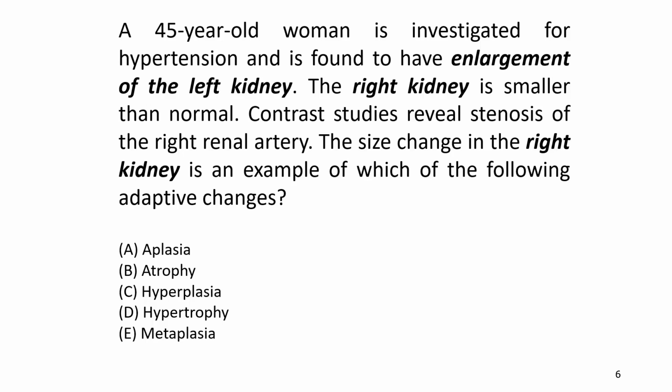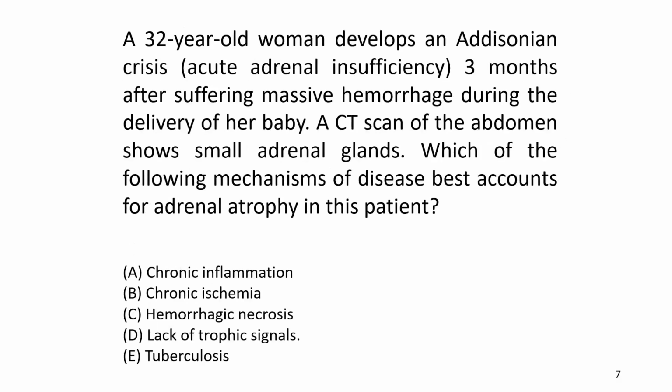So when we're talking about stenosis of the right renal artery, we're talking about a decrease in blood flow to the right kidney. The size change in the right kidney is an example of which of the following adaptive changes? So that would be atrophy. When you decrease blood supply to an organ, that's going to decrease oxygen flow to the organ, and you're going to see some atrophy.